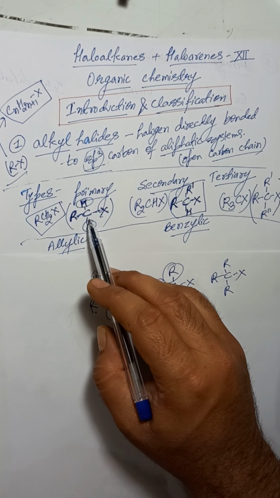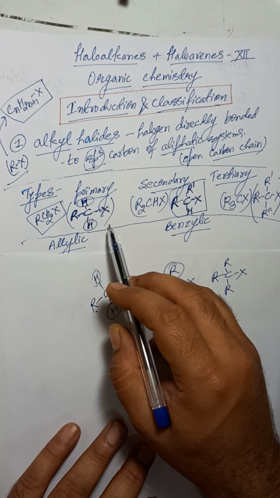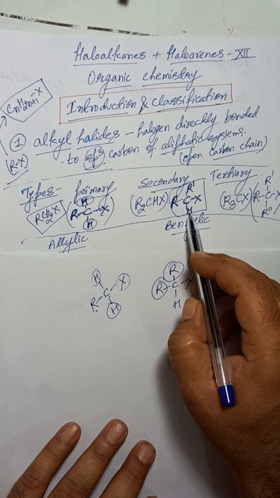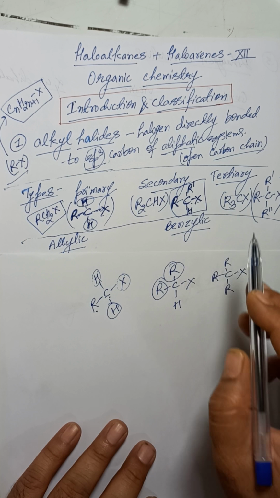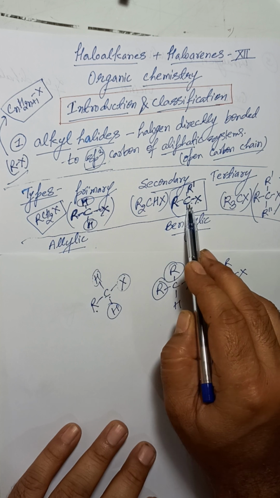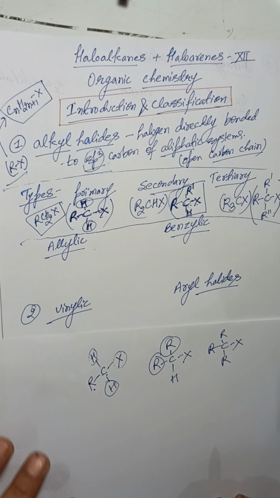What do you see there? Carbon attached to 2 hydrogens, carbon attached to 1 alkyl and then 1 halogen. Carbon attached to 2 alkyls, then attached to 1 hydrogen and 1 halogen. Carbon attached to 3 alkyls and then 1 halogen. 1 degree carbon, 2 degree carbon, 3 degree carbon. Primary, secondary, tertiary alkyl halides.